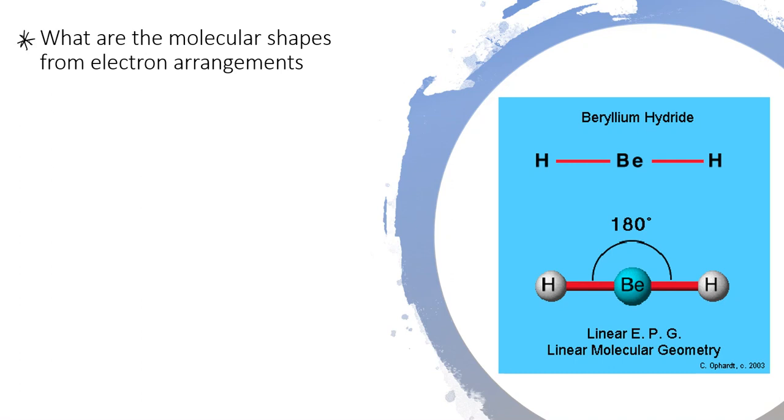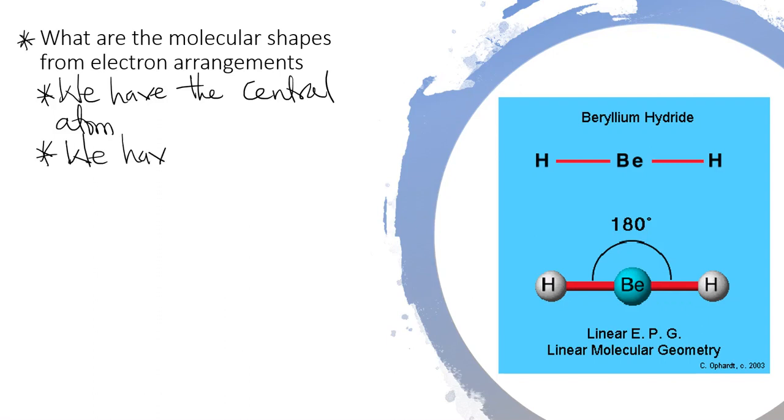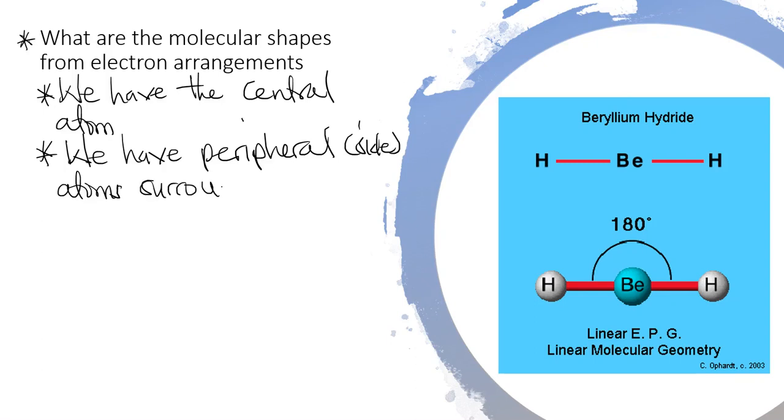Normally, if you want to determine the shape of a molecule or the geometry of a molecule, the first thing is to understand that you always have a central atom, and then we have peripheral, or I'll just say side, atoms surrounding the central atom.